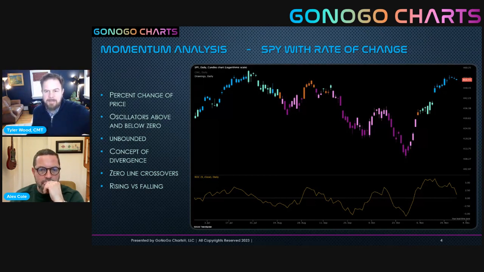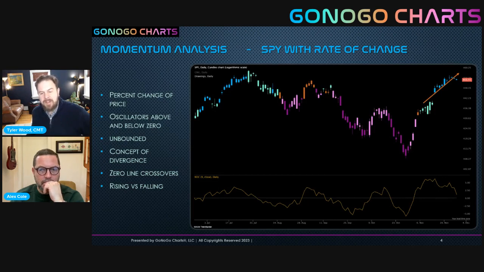One thing that Alex mentioned before is that we can look at areas of confirmation or divergence. Is the enthusiasm of market participants likely to help this trend continue, or is the enthusiasm waning? If we look at the far right side of this chart, we're seeing price make additional highs, higher highs.